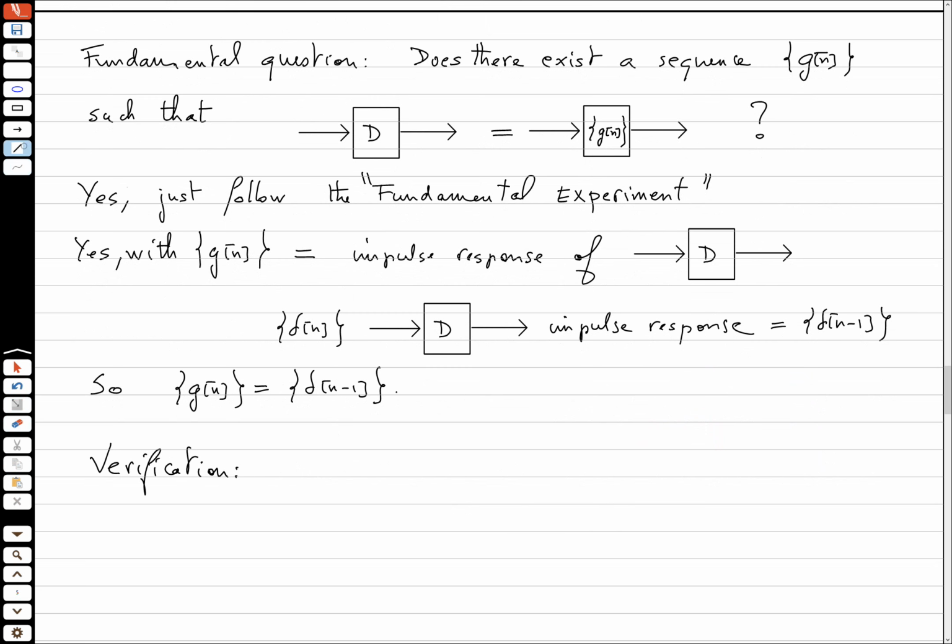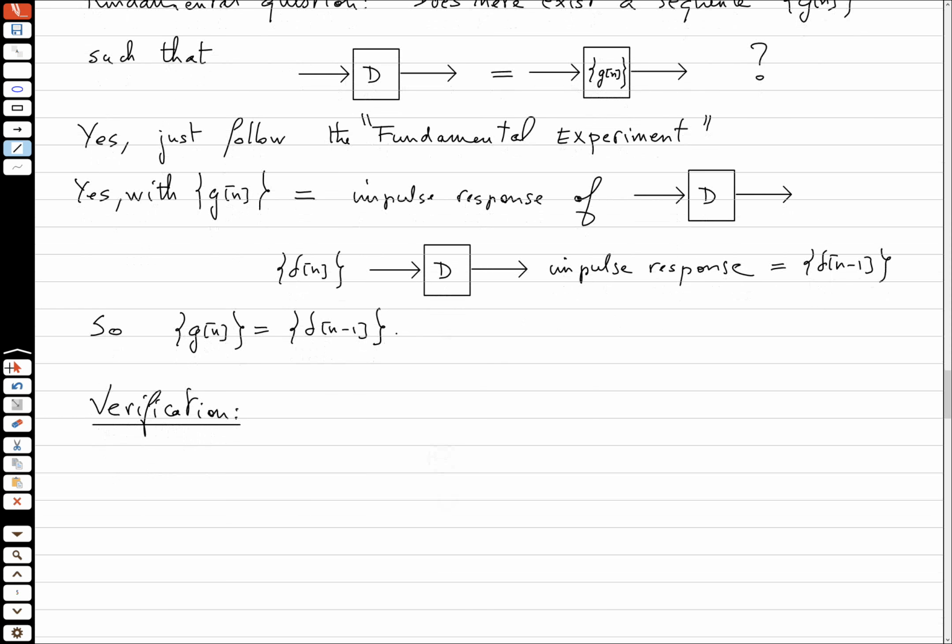For those of you who are skeptical, I'm going to verify whether these two systems are equal.